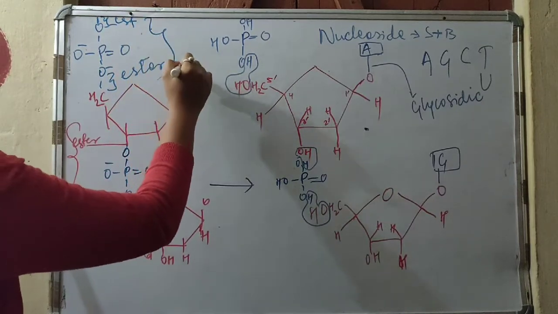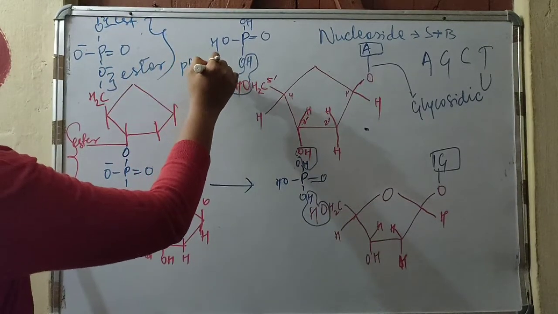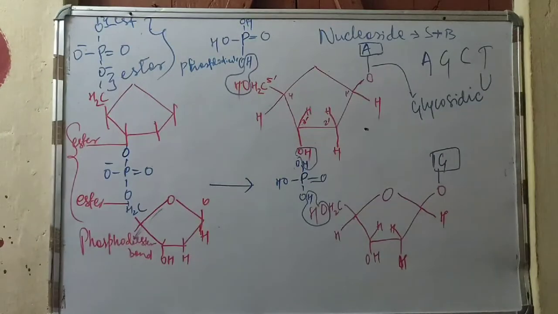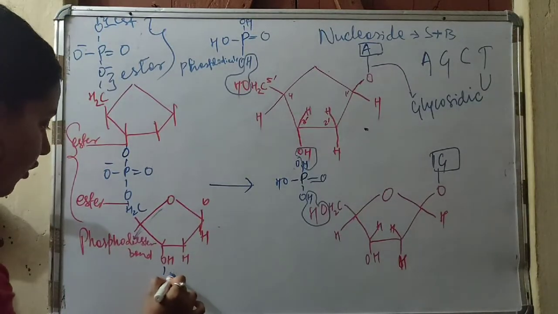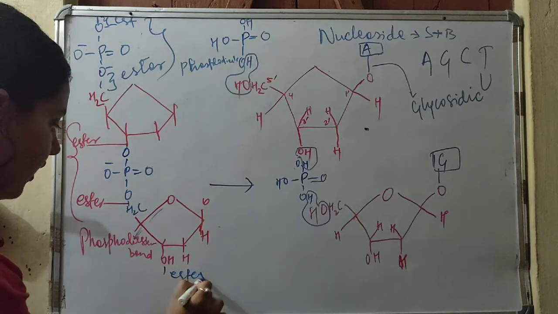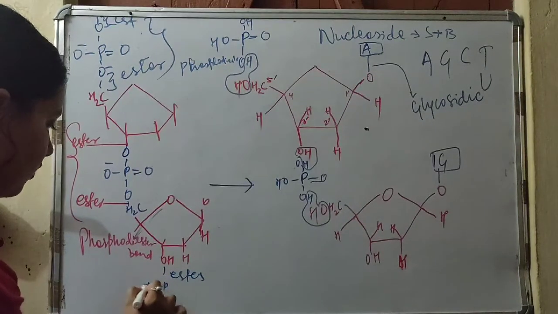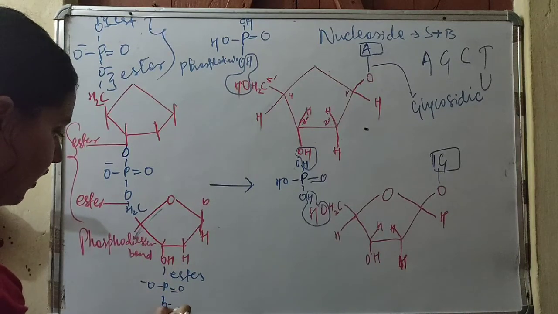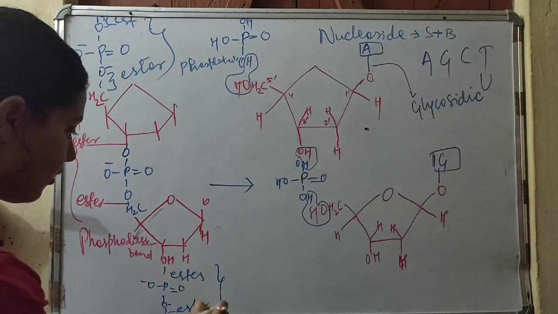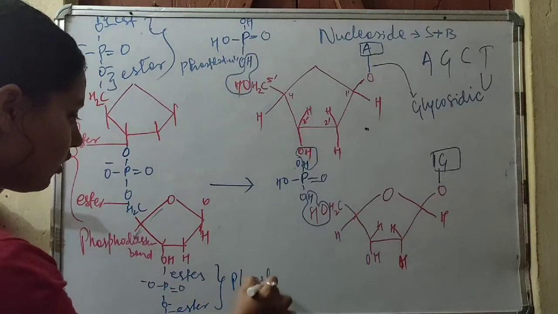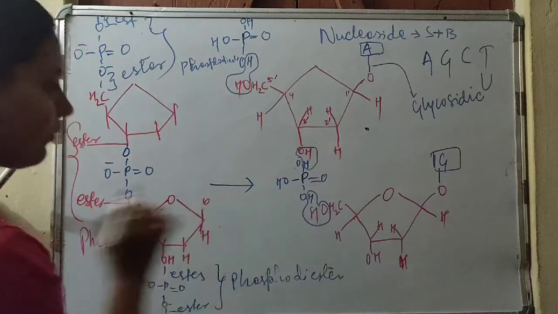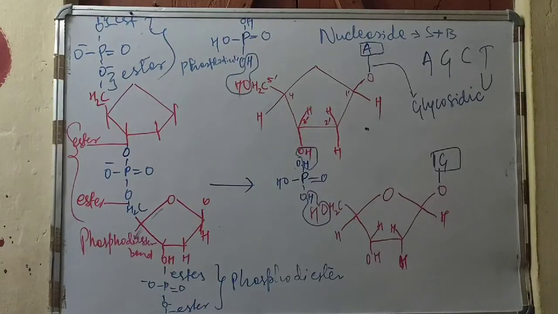Here also phosphodiester. In the same way, this will continue. Again, here also there will be formation of one ester, and then again phosphate, and then again another ester. Here also phosphodiester. Got the thing?